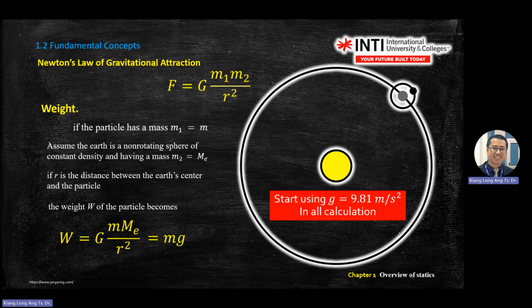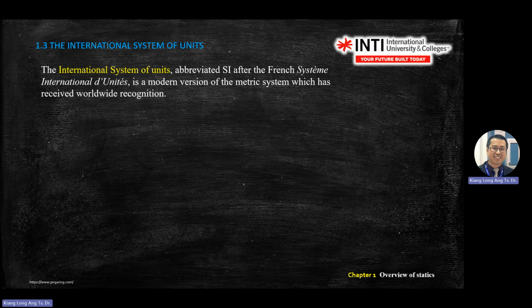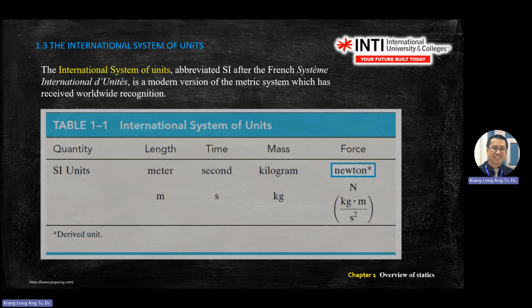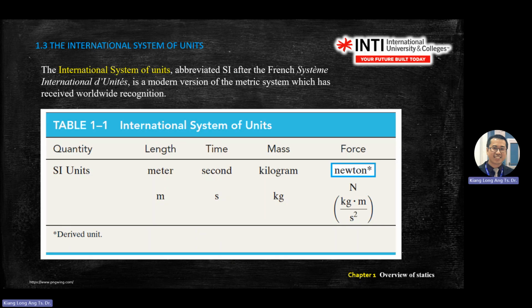Okay, so these are the things I need to highlight for today. Maybe a little bit more. SI units, you know, right? In SI units, mass, meter, second, kilogram, and so on.